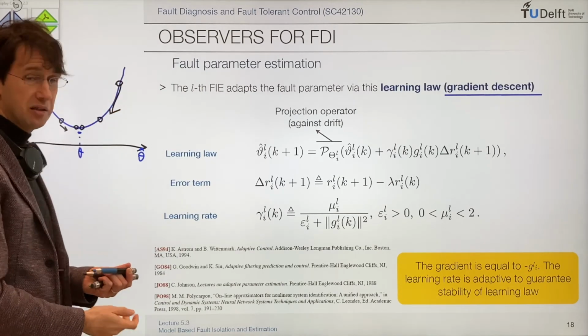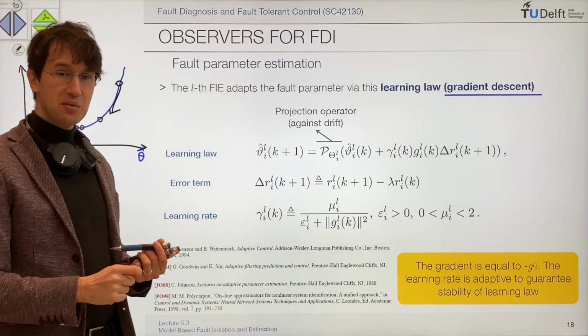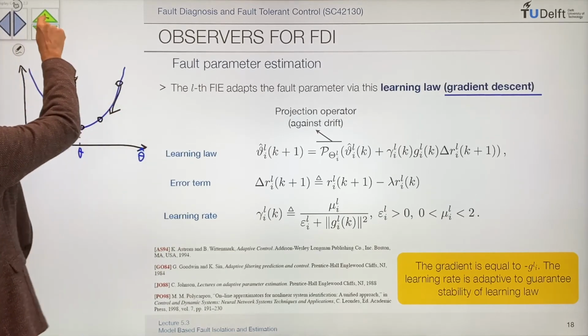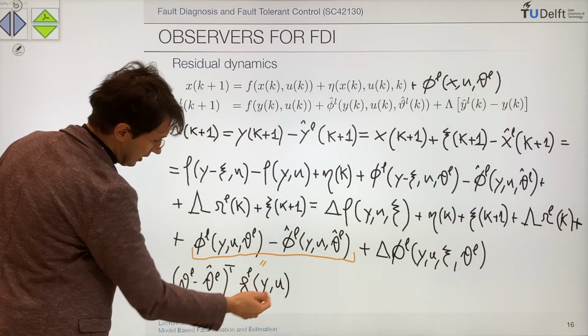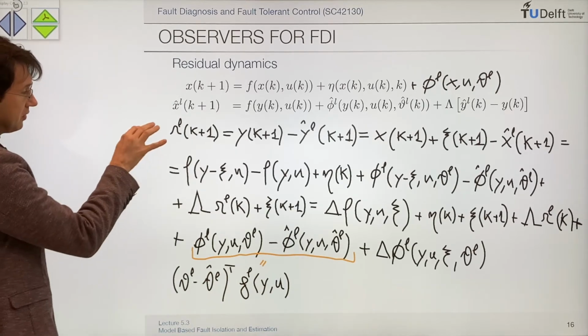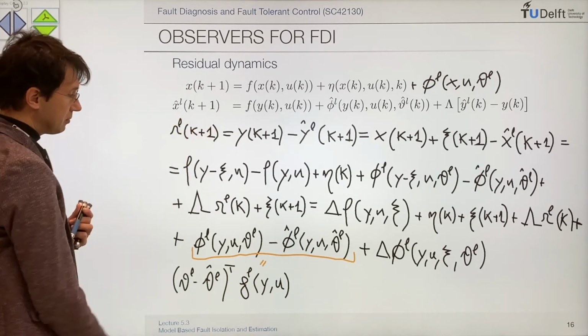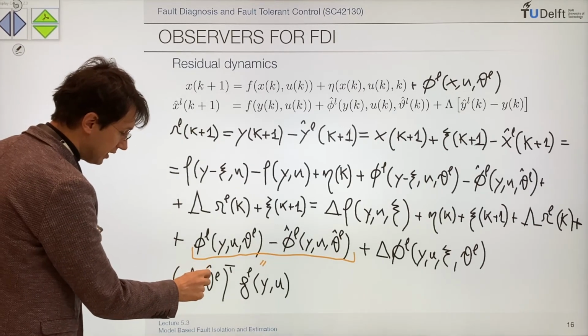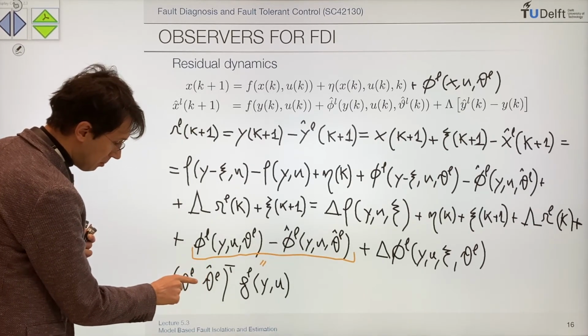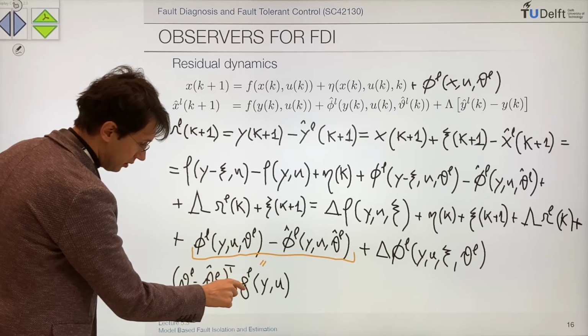Okay, so now the question is, can we compute this gradient? Well, yes, we can. It's quite easy because the gradient is this function g. So the gradient of the residual with respect to theta hat is actually equal to minus g.